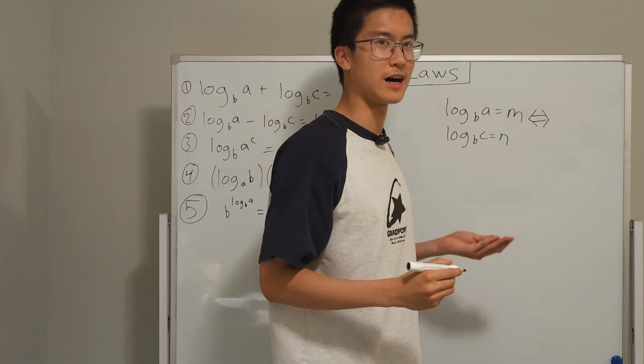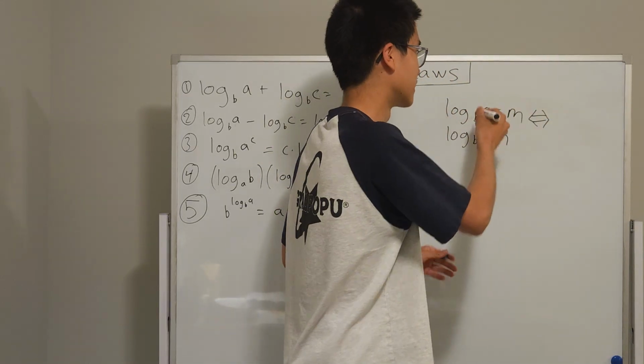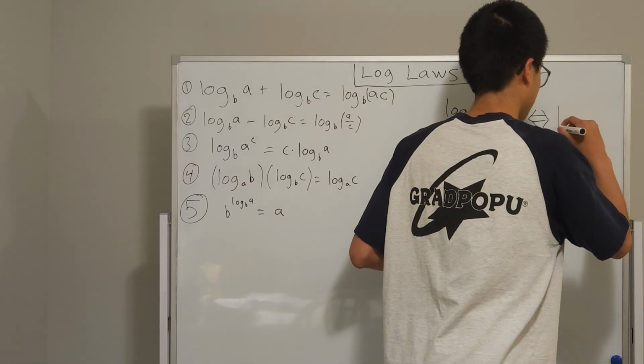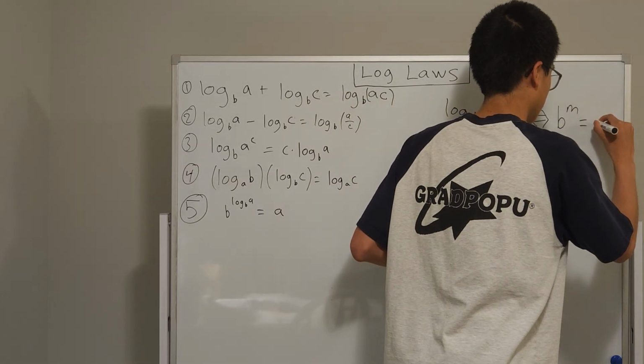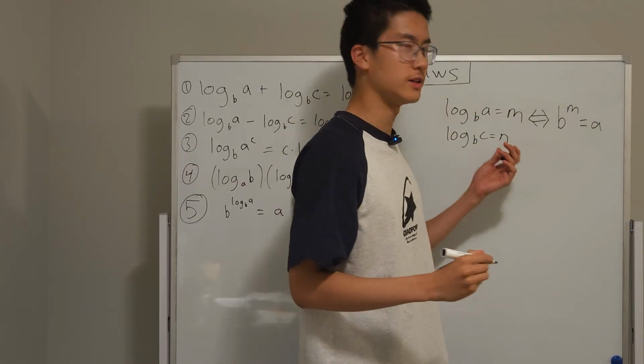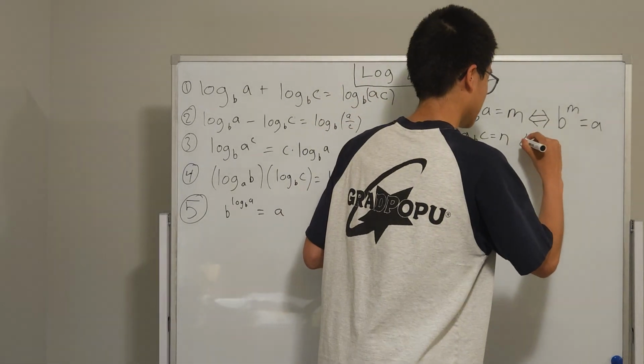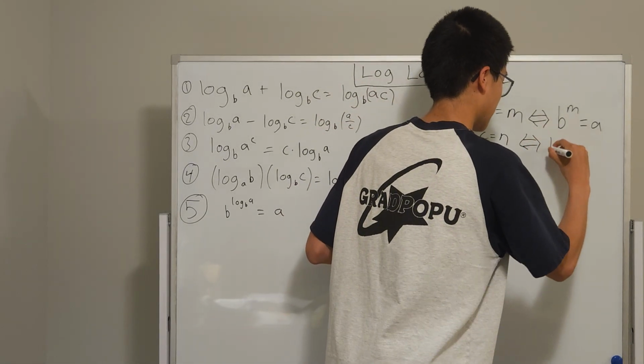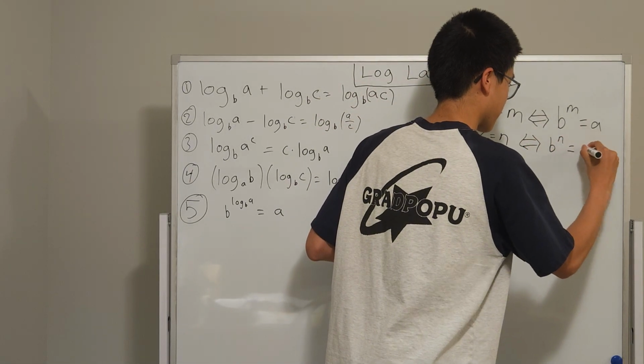So this implies that b to the power of m equals a. And this also implies that b to the n equals c.